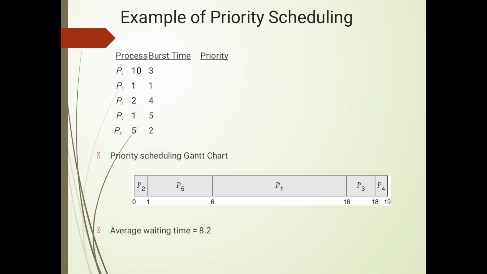So the first priority is process P2, so the first execution is done for P2. The next priority is P5, so P5 is executed next. The third one is P1, then P3, then P4. Here the average waiting time is 8.2.